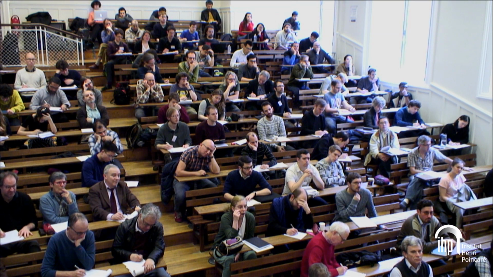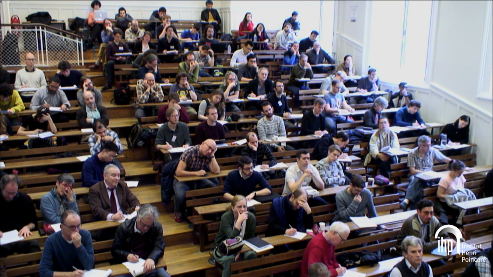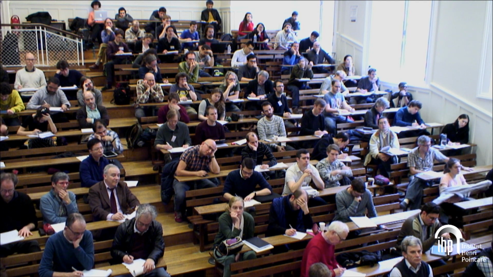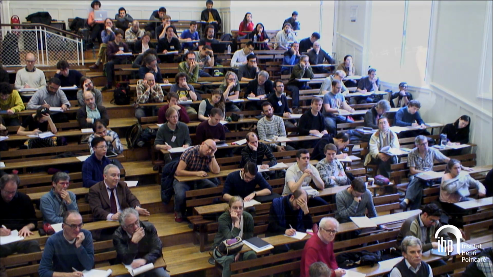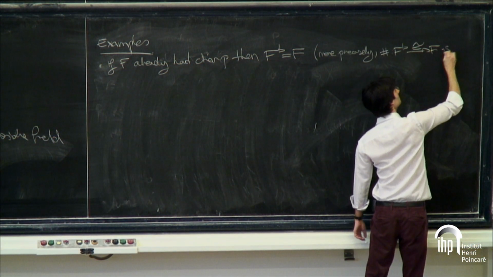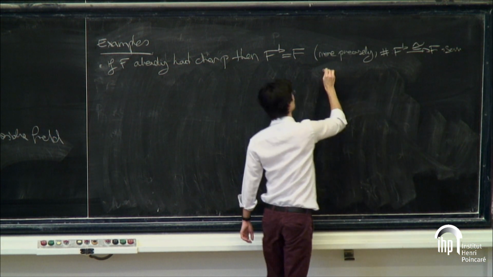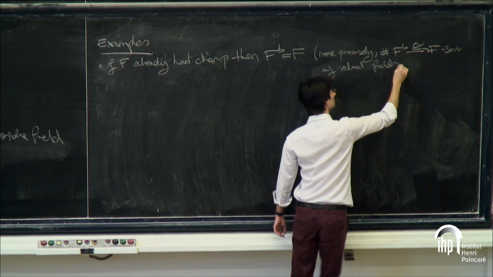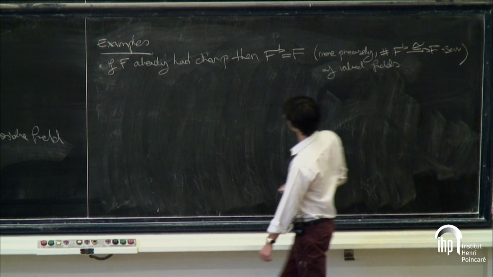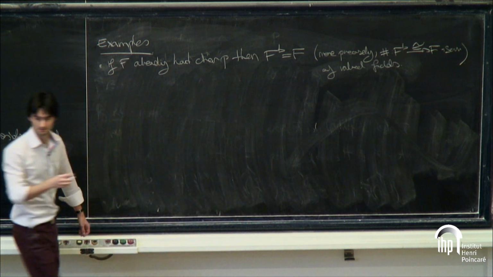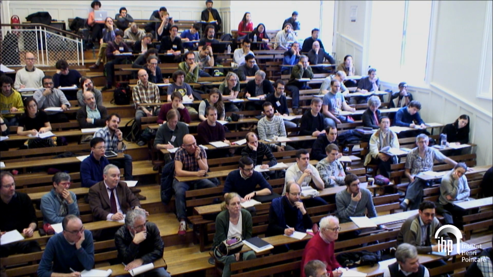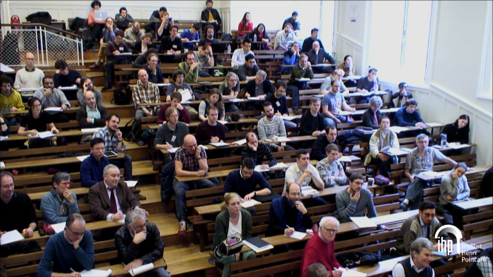Maybe if one wants to be more precise, this untilting map is then an isomorphism of valued fields. Sorry? Tilting is the equivalence of the category of something. It's many things.